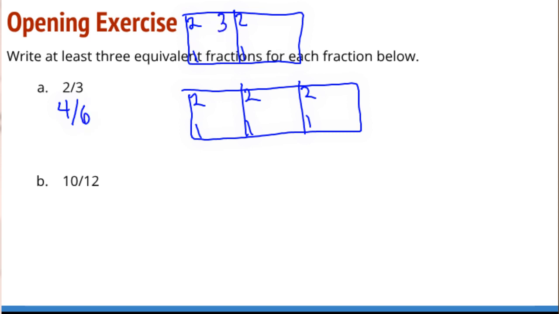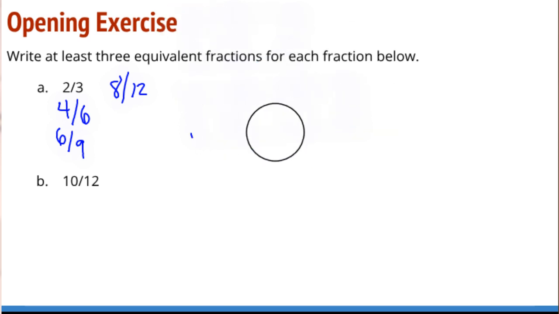If I have a value of 3, then I would have 6/9. If I have a value of 4, I have 8/12. And of course, what my tape diagrams are helping me see here is the scaling process. I've got 2/3, and I multiplied each of the parts times 2, which would give me 4/6.